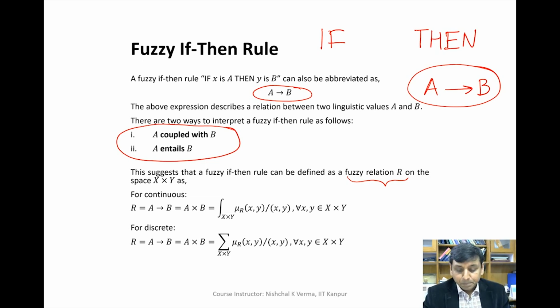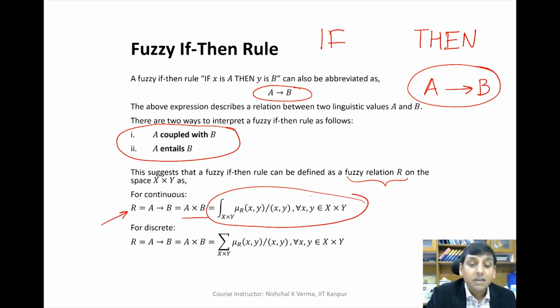So for any continuous fuzzy sets A and B, if we are interested in the relation fuzzy set, say R, this fuzzy relation set can be written as A forward arrow B, that means A coupled with B, and this will be equal to A cross B. We can always write the same with this expression we have already done in the previous lectures.